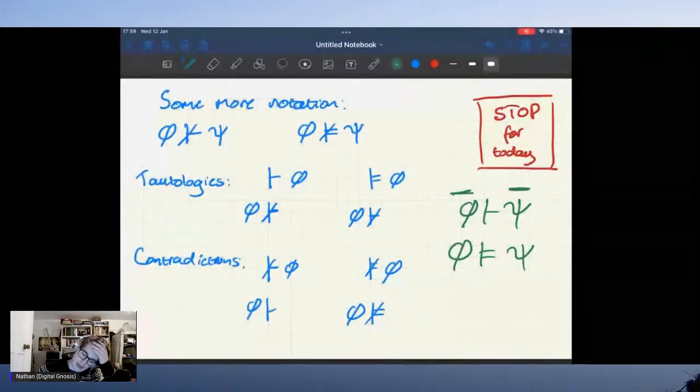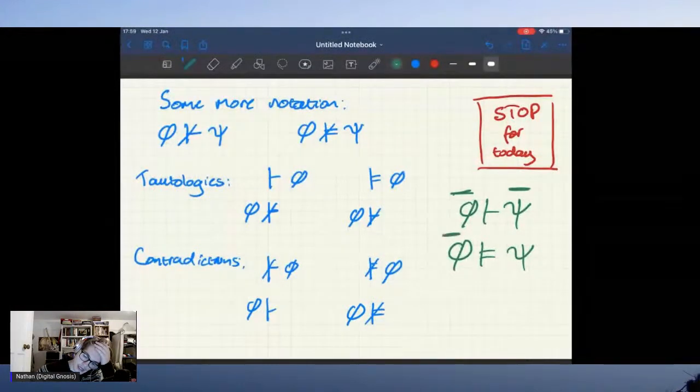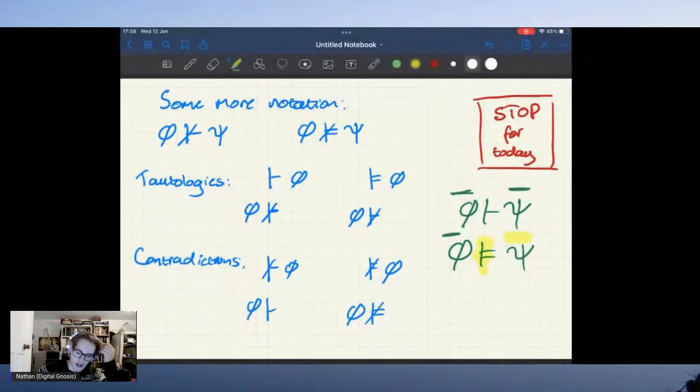And we've talked about the case where some well-formed formula here on the left, semantically, okay, that's what we mean here, semantically entails some well-formed formula here on the right.